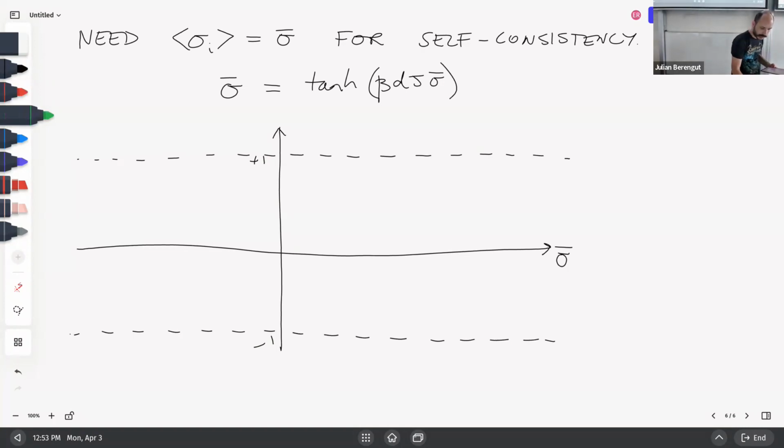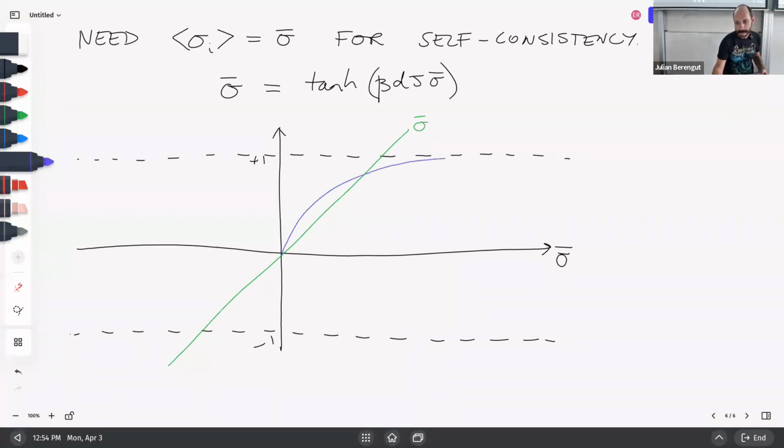Here is the line sigma bar, and here is my attempt at tanh. It's supposed to be symmetric.